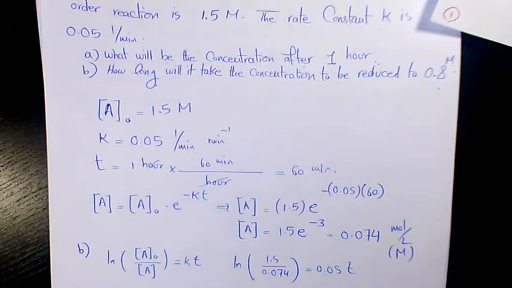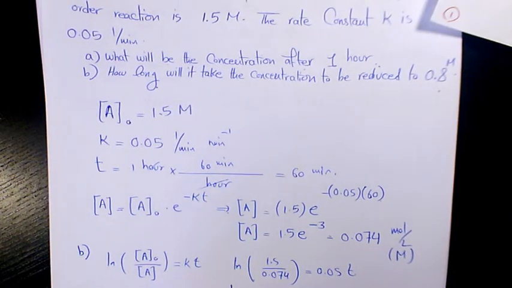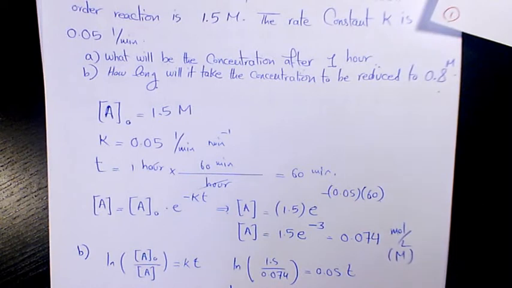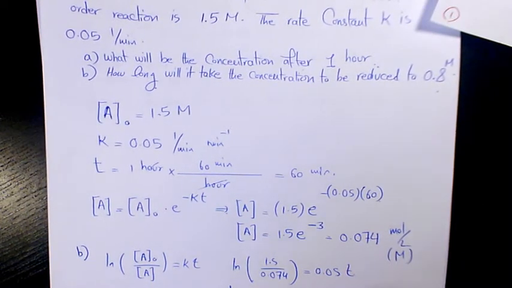That's going to be ln, actually 3.009 equals 0.05 T.